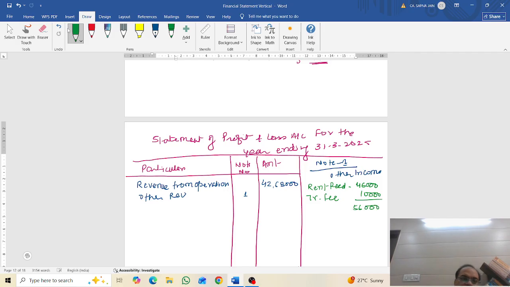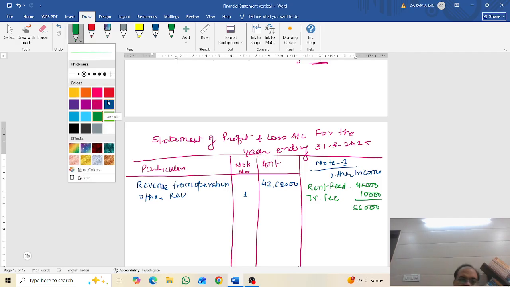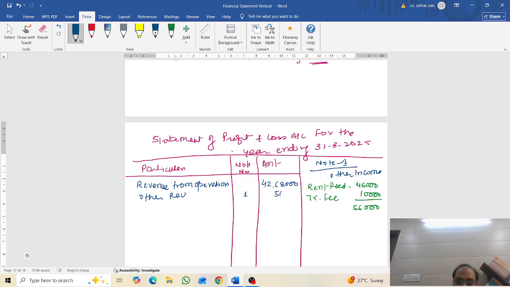Total is 56,000, the addition of both. This is the total income 43 lakh 24,000.